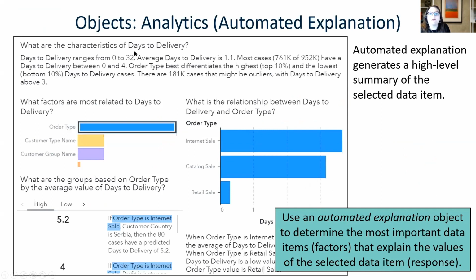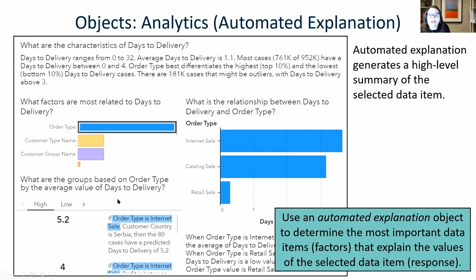So here, the column that was selected was days to deliver. And then it gives me the descriptive statistics regarding days to deliver. And then it looks at the relationship between days to deliver and other columns in the data.